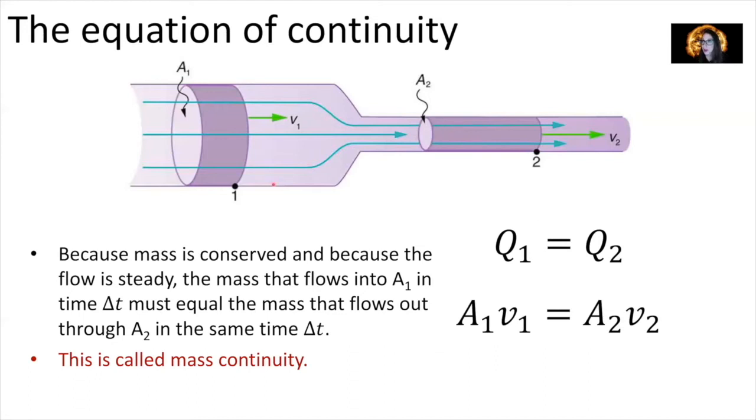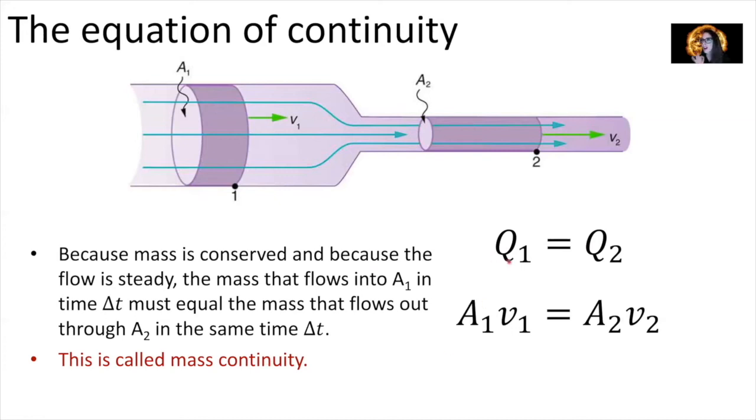So the flow rate has to be the same through this cross-section and this cross-section. So we say that the flow rate through cross-sectional area 1 equals the flow rate through cross-sectional area 2. That is mass continuity. Whatever mass comes in has to be the mass that comes out, okay?